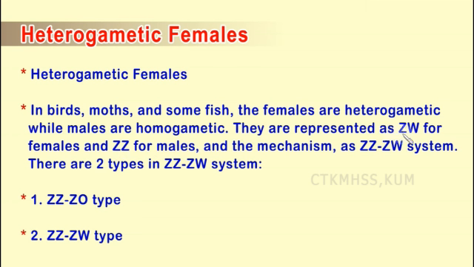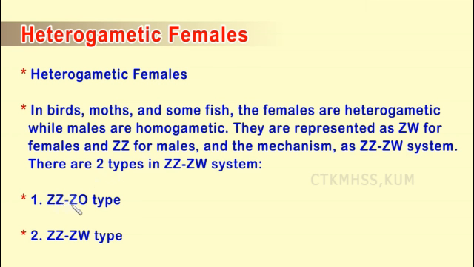So here they have given ZW for females and ZZ for males, and the mechanism is the ZZ-ZW system. Like we call the XX-XY type in human beings, like that the ZZ-ZW system here. In this itself there are two types in this ZZ-ZW system.